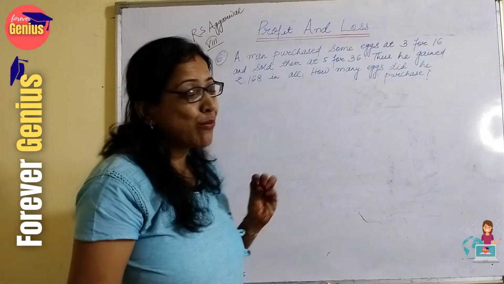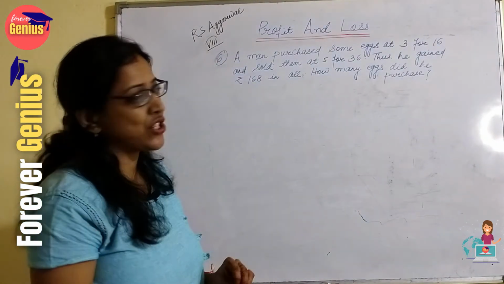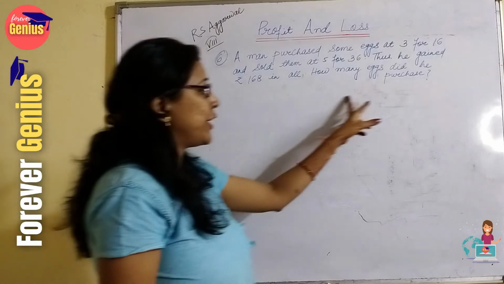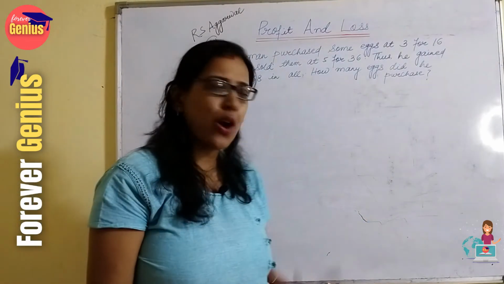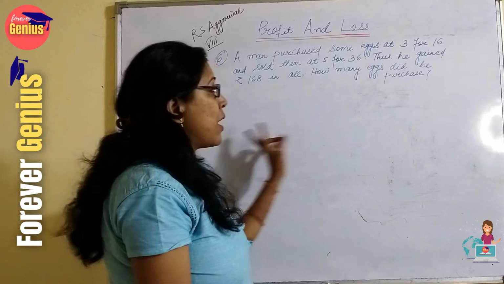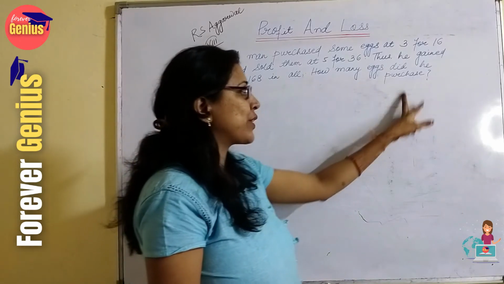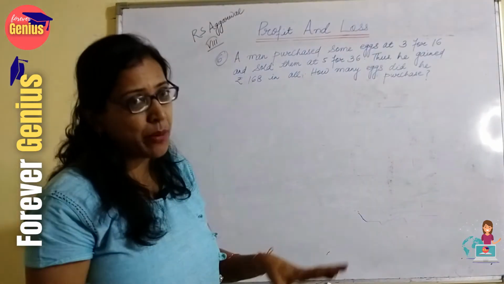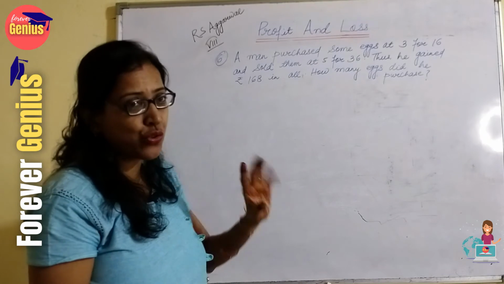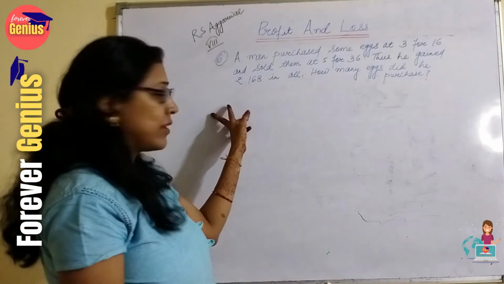See again one more very tricky question. In this case, we are not being asked to calculate the cost price or the selling price, but we are being asked to calculate the quantity. So with this information, how are we supposed to find out? Let's see.